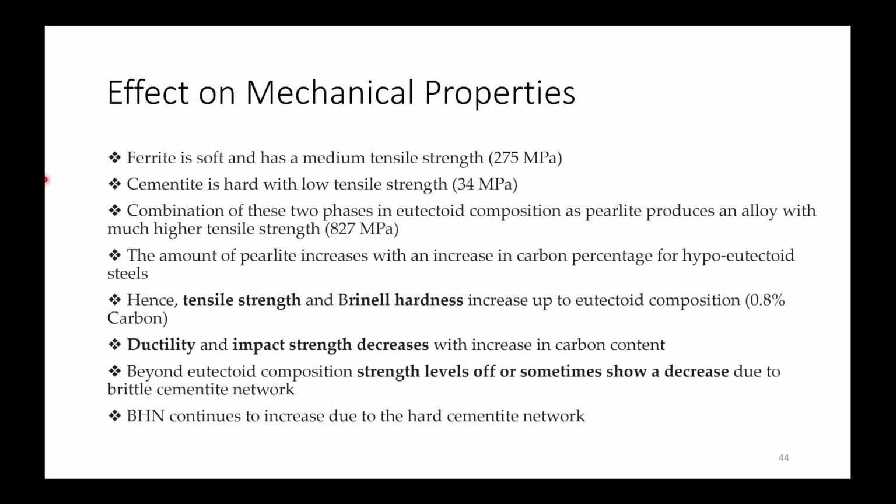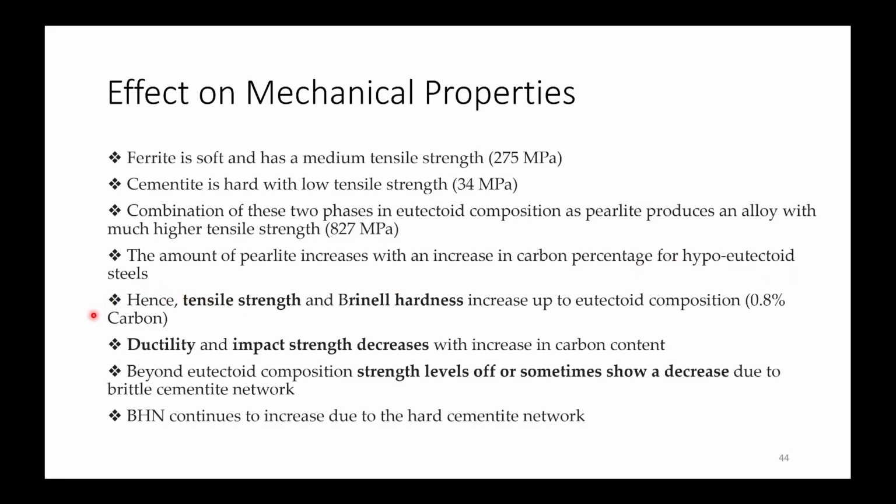Effects on mechanical properties. Now ferrite is soft and has a medium tensile strength, 275 MPa. Cementite is hard with low tensile strength up to 34 MPa, and the combination of both of these two phases in eutectoid composition as pearlite produces an alloy with much higher tensile strength around 827 MPa, and the amount of pearlite increases with an increase in carbon percentage for a hypoeutectoid steel.